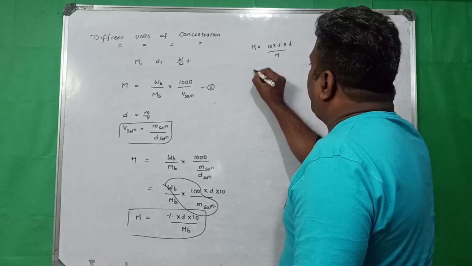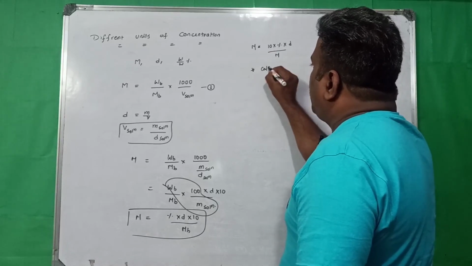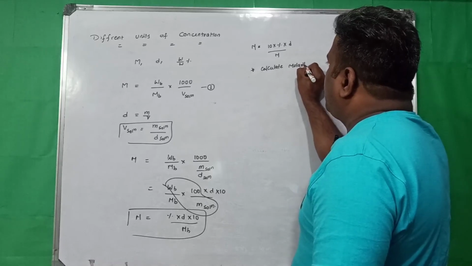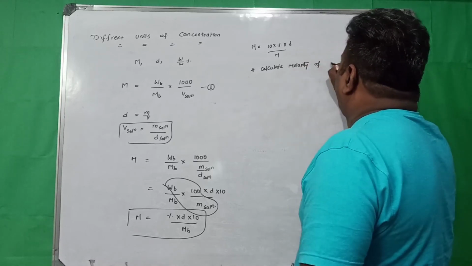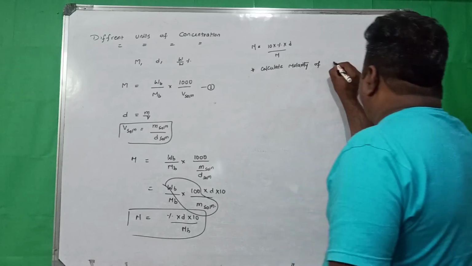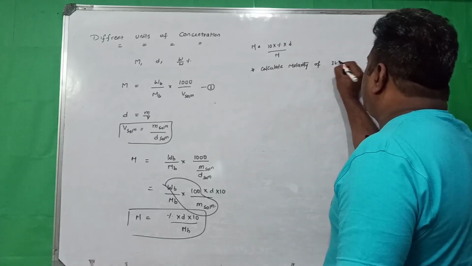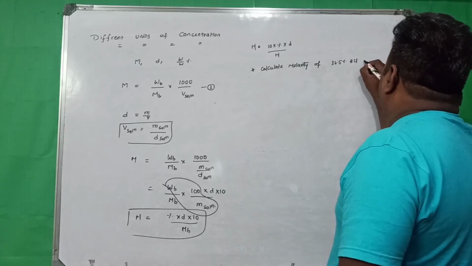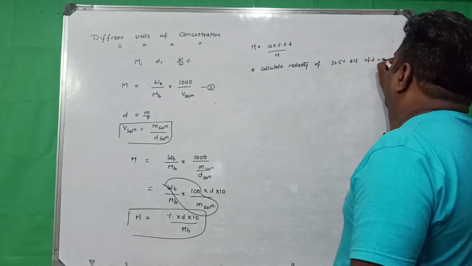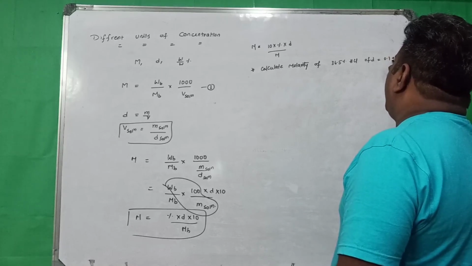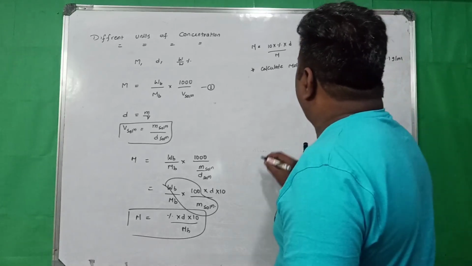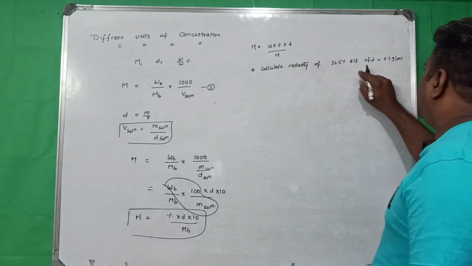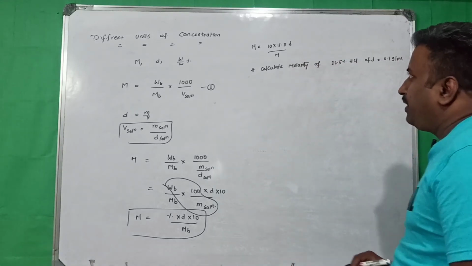Calculate the molarity of 36.5% HCl of density 0.1 gram per ml.